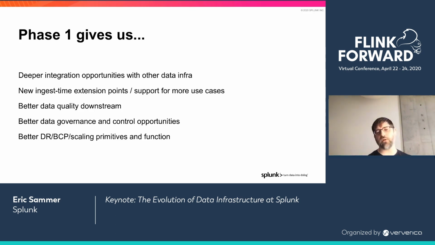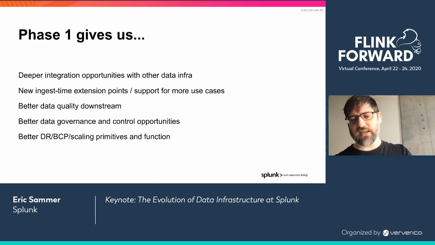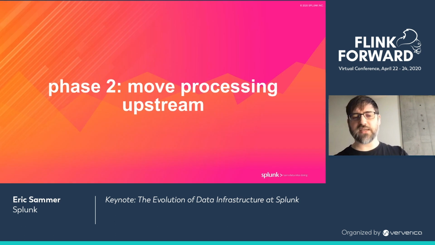The data quality stuff we can address. The governance and control opportunities are huge for people consuming that system. And you get the DR and BCP stuff because you can send data to multiple places. It is eventually consistent, but given the delivery guarantees that you have within the engine and the messaging systems, you have a reasonable set of constraints to reason about the state of the data.